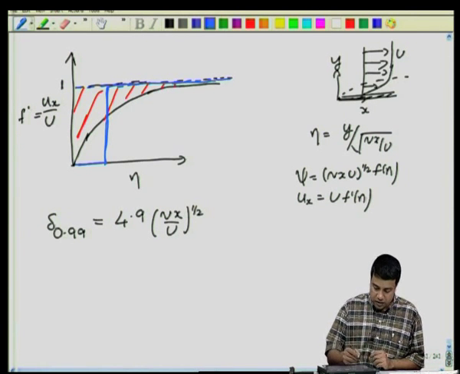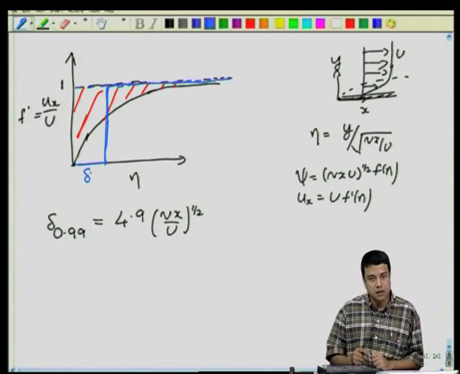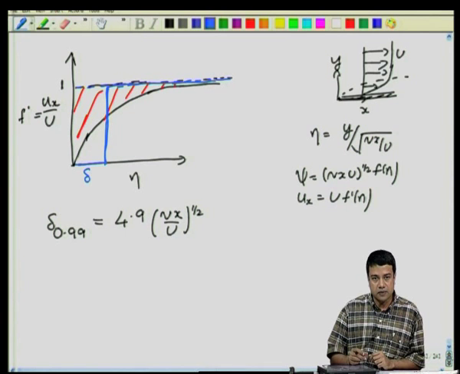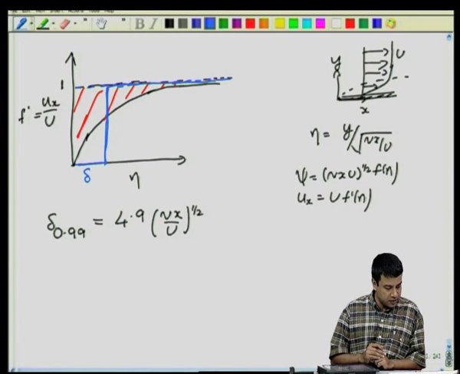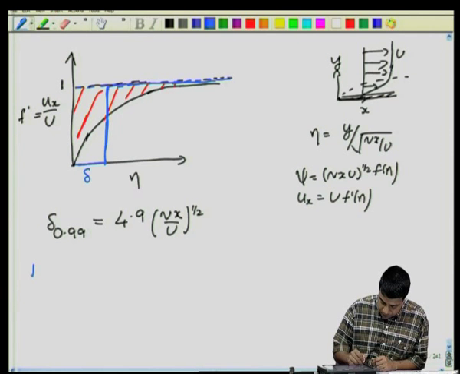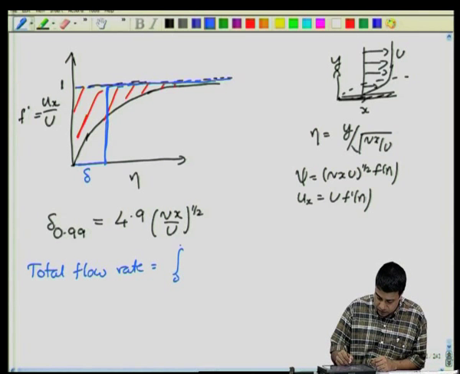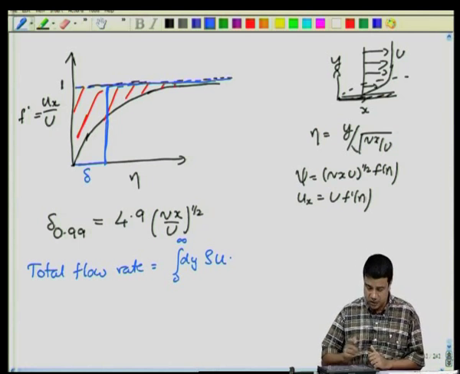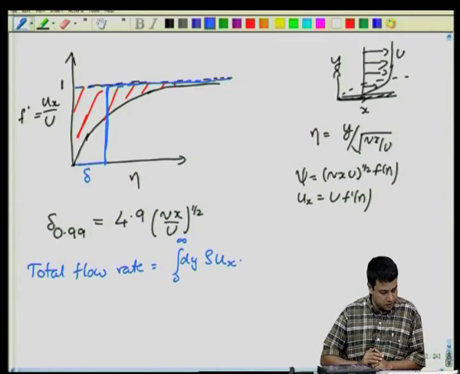In other words, if I displace my potential flow by this displacement thickness delta, this deficit in velocity is equal to delta times capital U. So, that is the displacement thickness. The total flow rate is given by the integral from 0 to infinity dy rho times the actual velocity, rho times u_x.